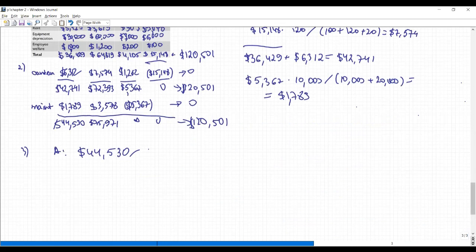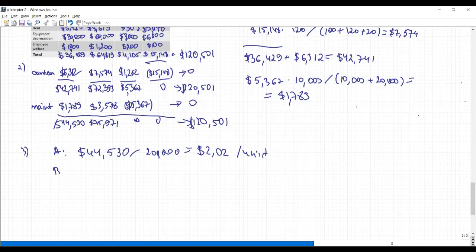So we will divide that by 200,000. And that is going to give us an overhead per unit of $2.02.